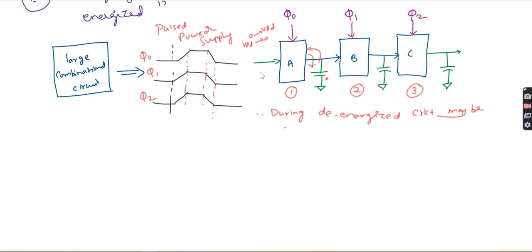Here we have some gates, here also there are some gates. So what will happen? They must be de-energized in reverse order before the input values to the cascade may change.